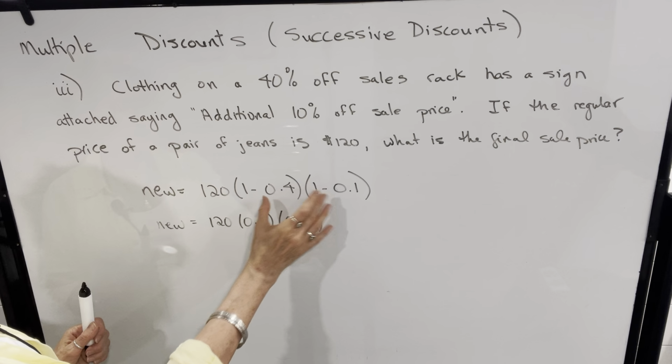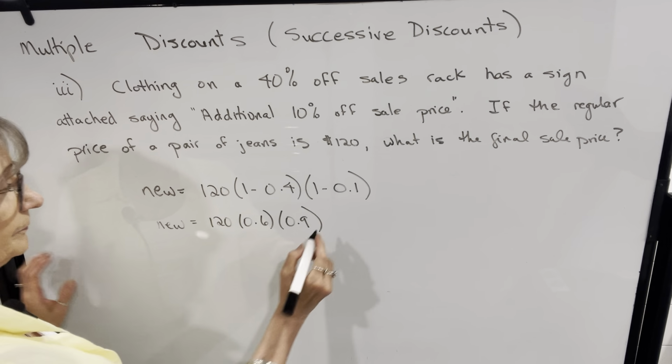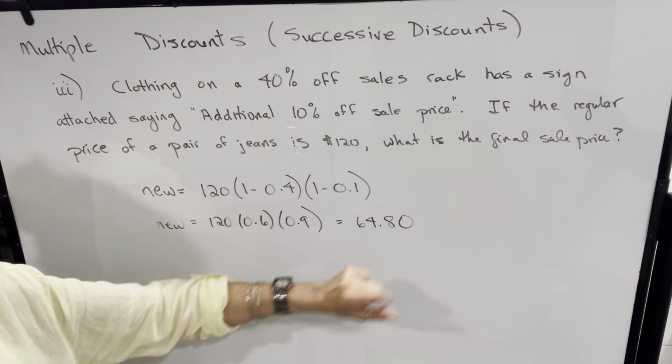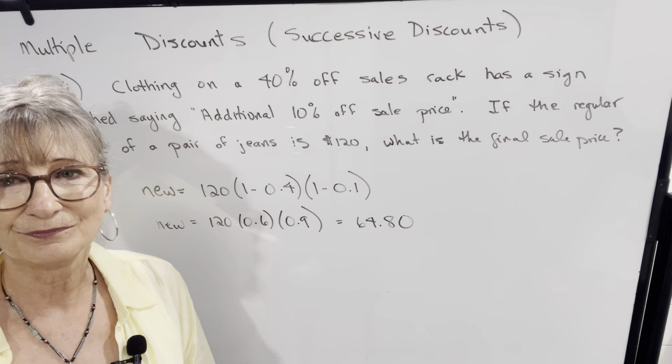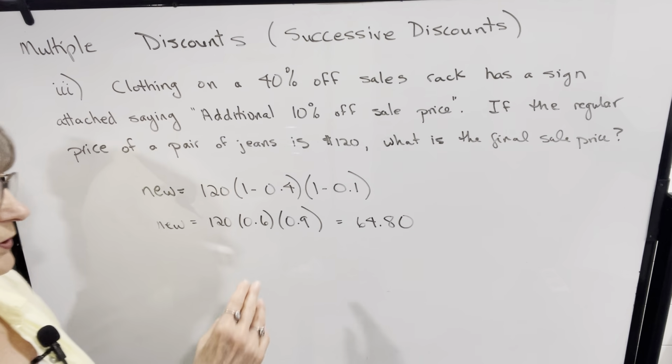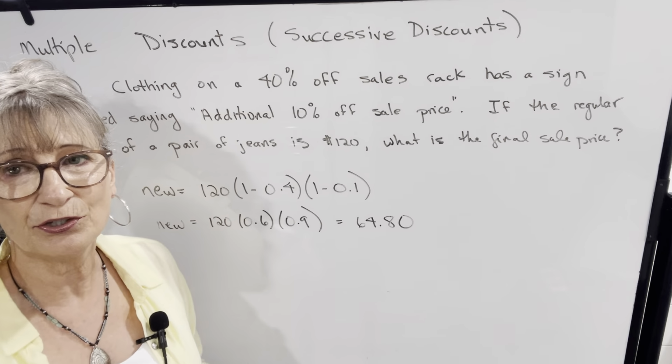So when I simplify this, I'm going to have 120 times 0.6 times 0.9, which is $64.80, the same value I obtained doing it the first method. So hopefully you understand that you can do successive discounts all in 1 step, regardless of how many you have.